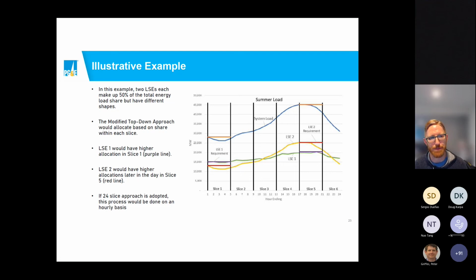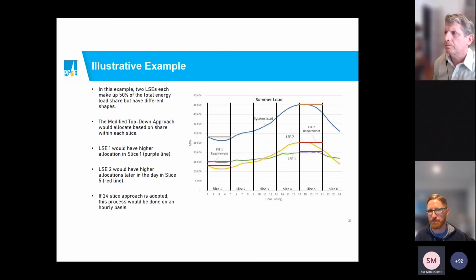Yeah, that's the way we've laid it out here, but we're open to other thoughts on that as well. Okay, I'm a little bit confused by the terminology "modified top down"; specify what you mean by that. My thought is that we're keeping the same process.